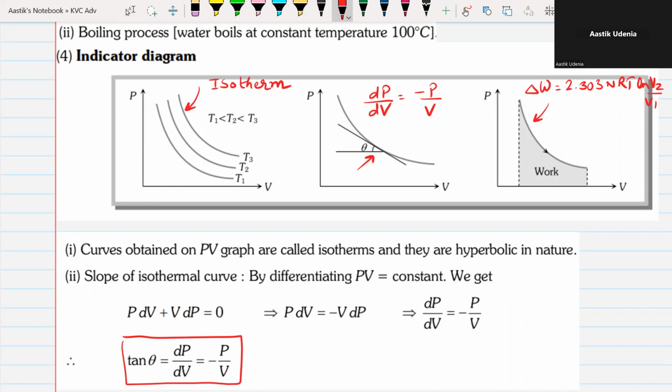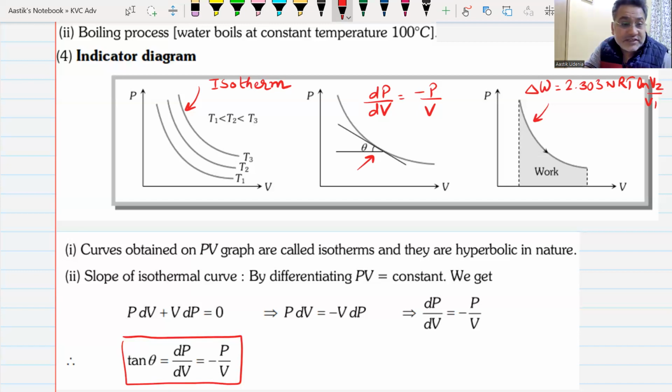When pressure increases, volume decreases. When pressure decreases, volume increases. I've already given you the formula of work done, so let's not waste any time on that. Specific heat for this process. What will be the specific heat capacity for this process, or molar specific heat for this process?